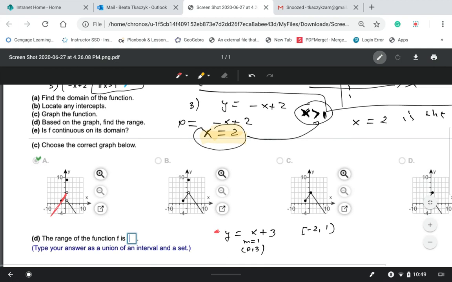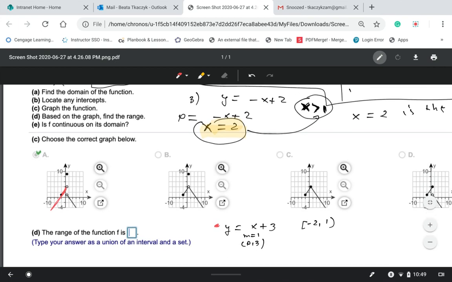However, look what happened. This first function works only for x from -2 to 1. So you need to locate -2, just right here, and 1. So that graph will only be from here to here. I will remove the rest of it. So this is the first function.